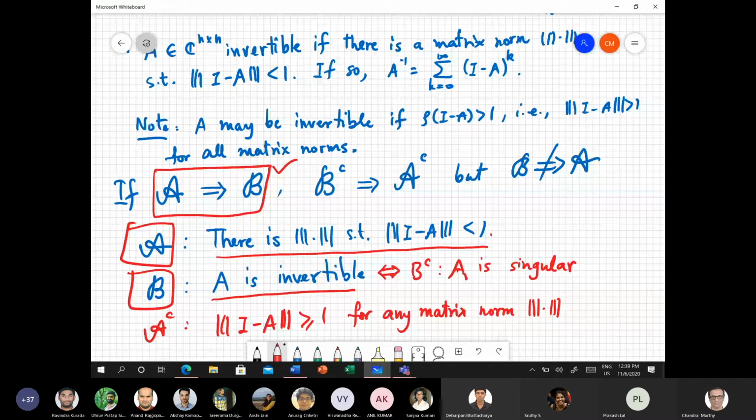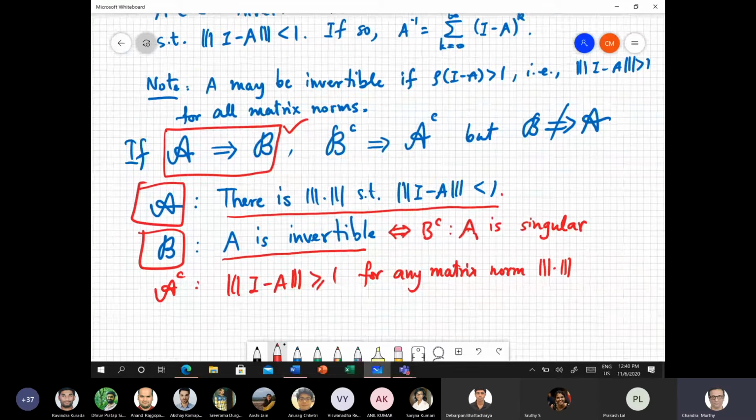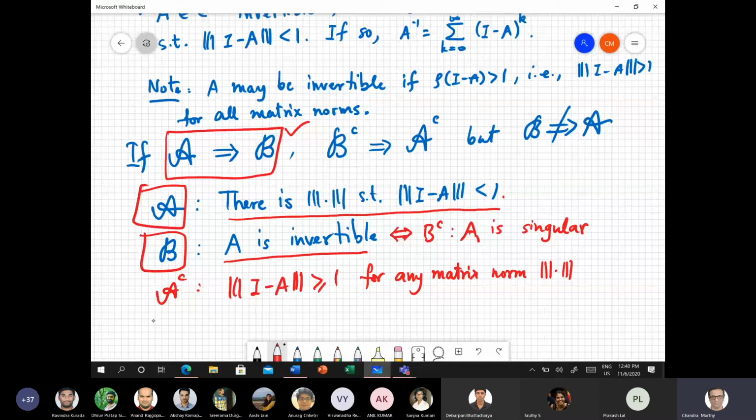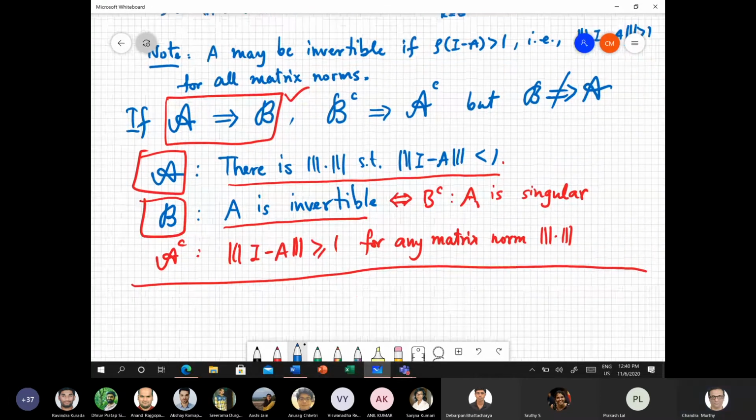So the invertibility of A does not imply the existence of a norm such that norm of I minus A is less than 1. But if this condition is satisfied, then A will be invertible. I hope that is a little more clear than how we discussed it the last time. And at the end of the previous class, we saw the Banach lemma.